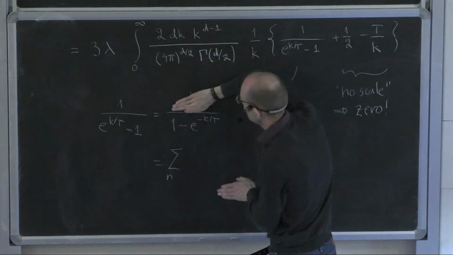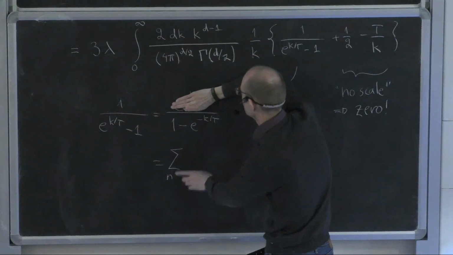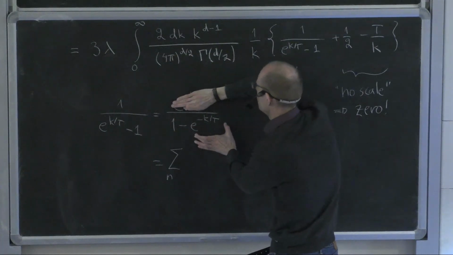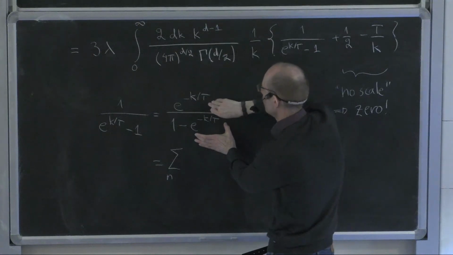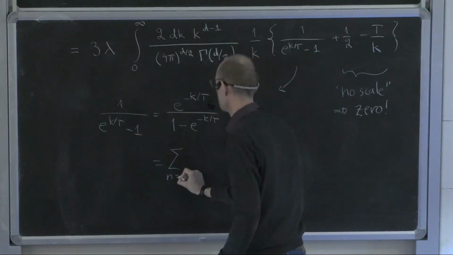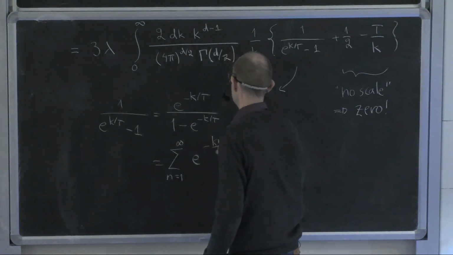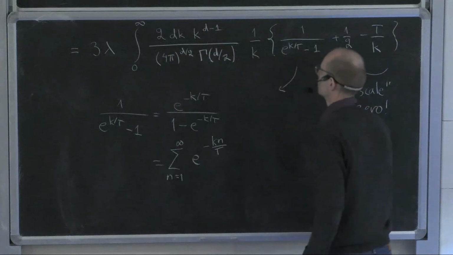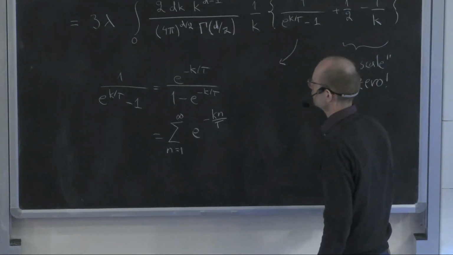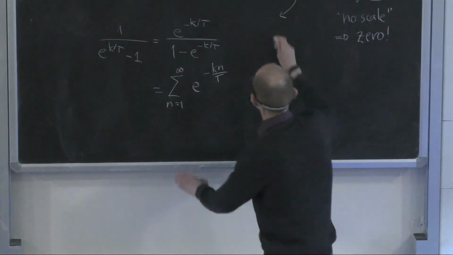Well, if I didn't have anything upstairs, it would be a sum from 0 to infinity in powers of the exponential. But now I have 1 power upstairs, so then it becomes a sum from 1 to infinity of e to minus k n over t. This I do here.